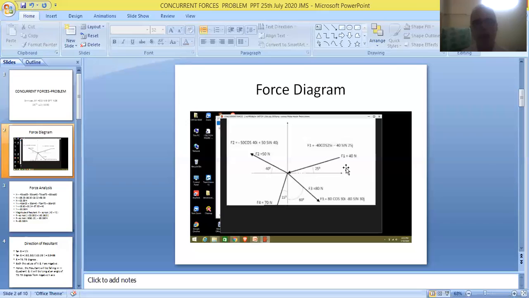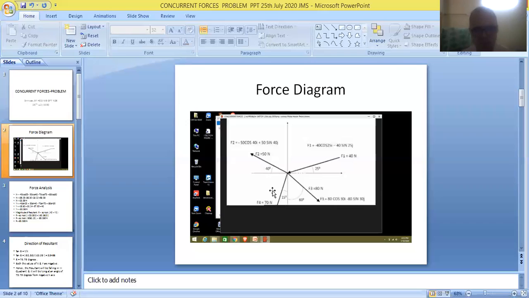So these 40, 50, 80, 70 are called magnitudes of forces. Magnitude of the first force is 40 newtons, of the second force 50 newtons, of the third force 80 newtons, and of the last force 70 newtons.